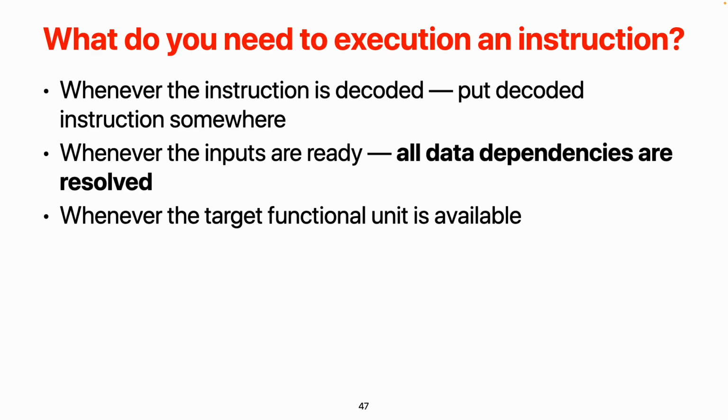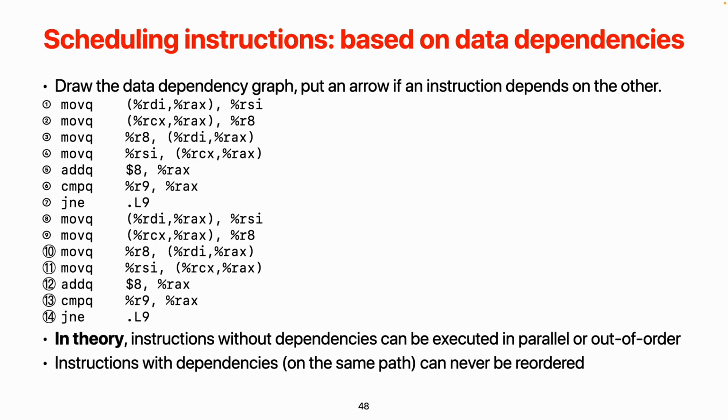So as long as these three criteria are fulfilled, I should be able to execute my instructions. Agree? So what that means is that the key thing here is that the data dependency has to be resolved, right?